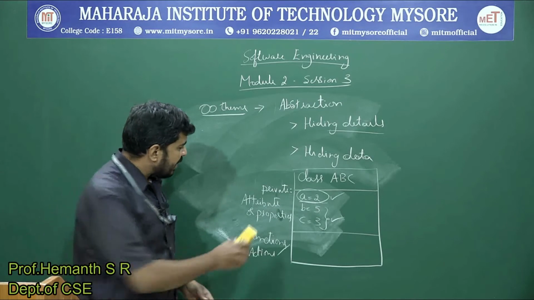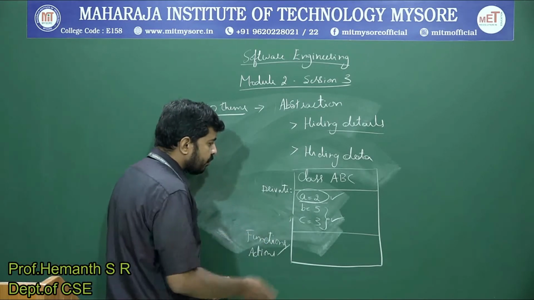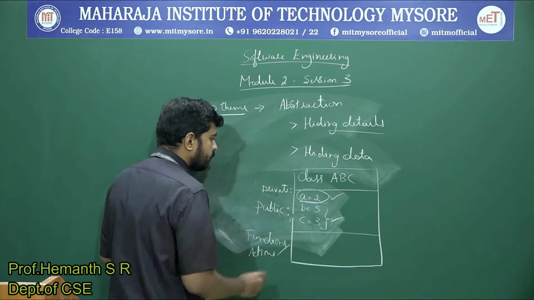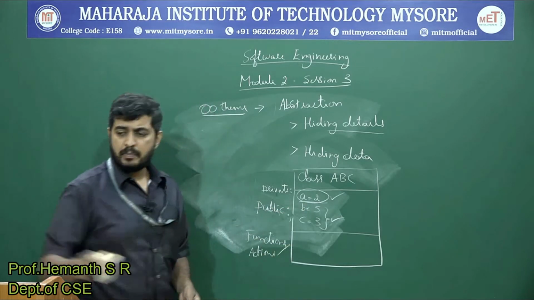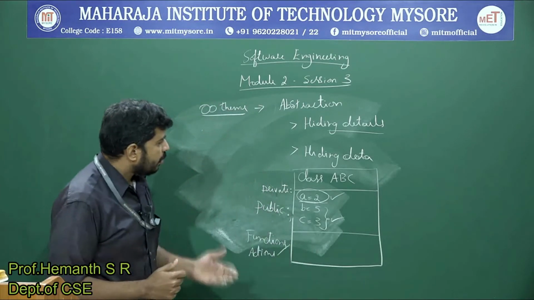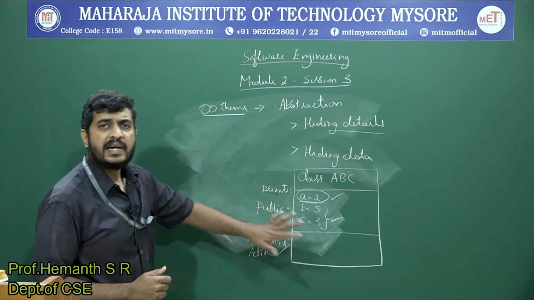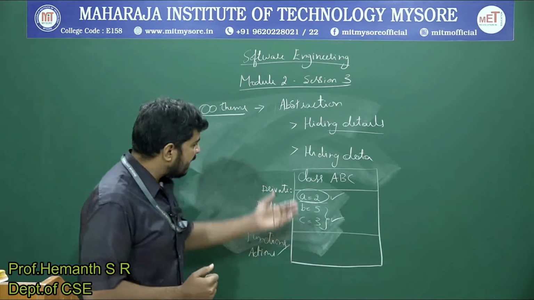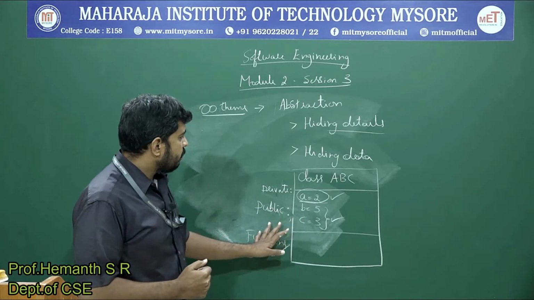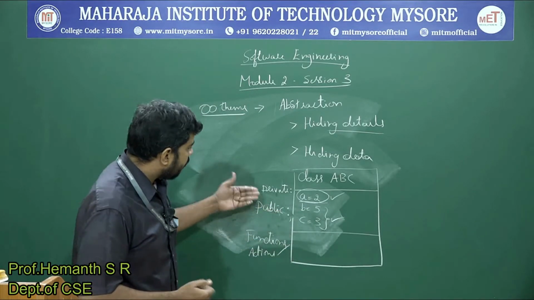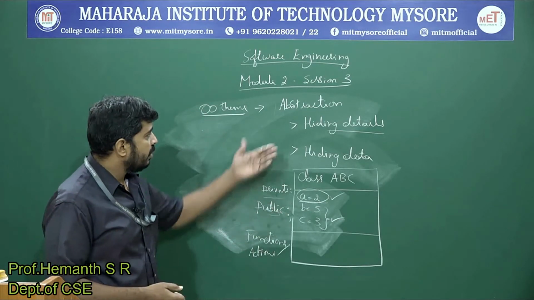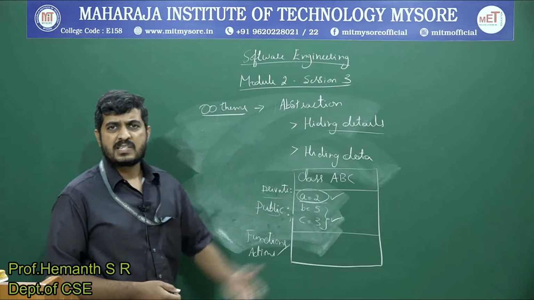The other parts of the data that you want to be visible, you can make public. So we have a very powerful access specifier mechanism wherein you can ensure the data is hidden, data is secure, unwanted data is not visible to the stakeholder, through using private and public access specifiers. All these are part and parcel of abstraction.